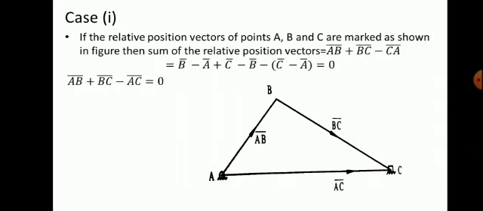In Raven's approach, all the links of a mechanism are replaced by vectors, and the vector equations are obtained by equating the resultant of the vectors around every closed loop to 0.